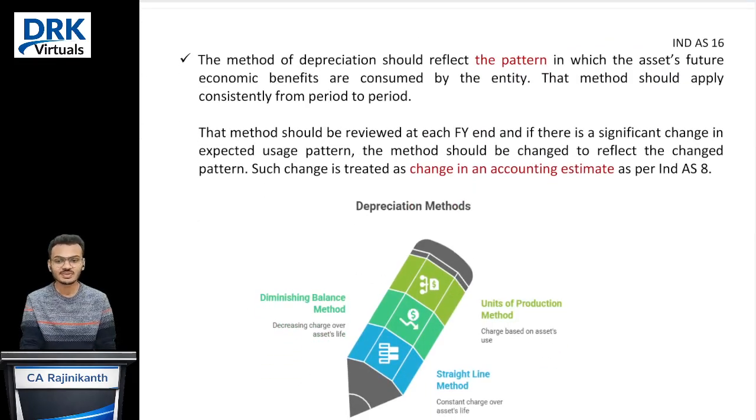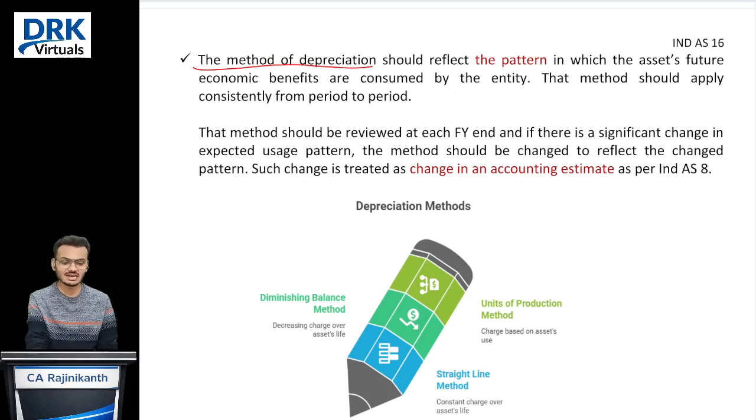And coming to the method of depreciation, the standard is not rigid about a method of depreciation. It is saying that the method of depreciation should reflect the pattern of consumption of economic benefits of that particular asset. If the pattern of consumption of economic benefits is uniform, follow the straight line method. If they decrease, follow written down value method.